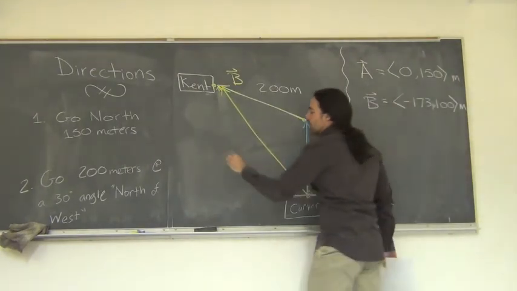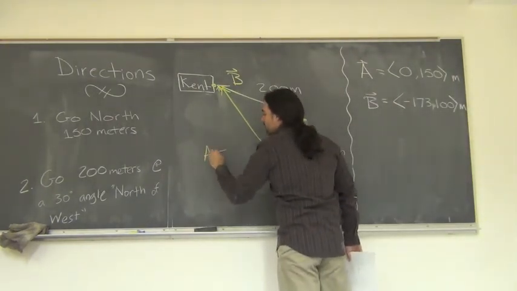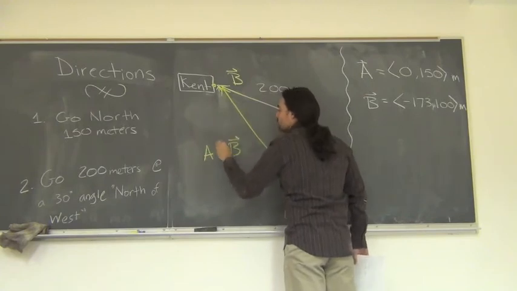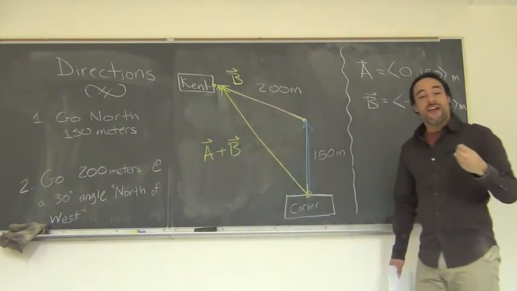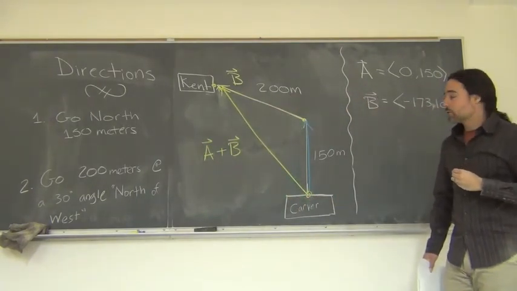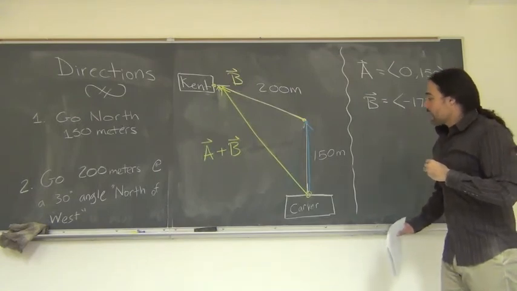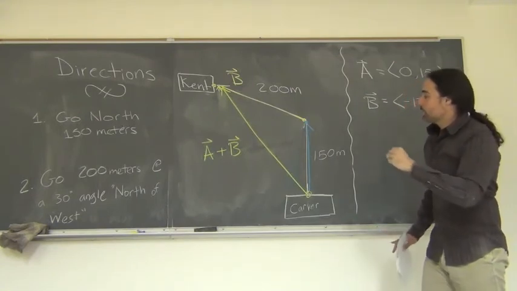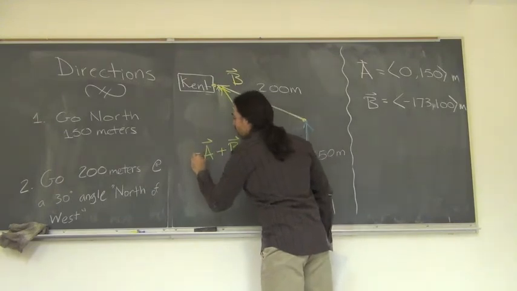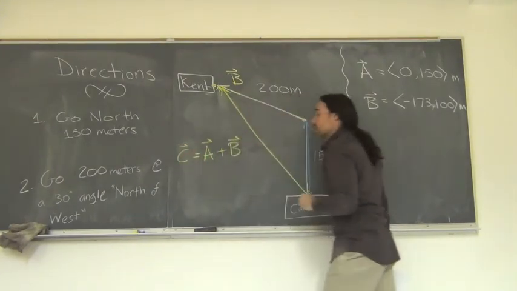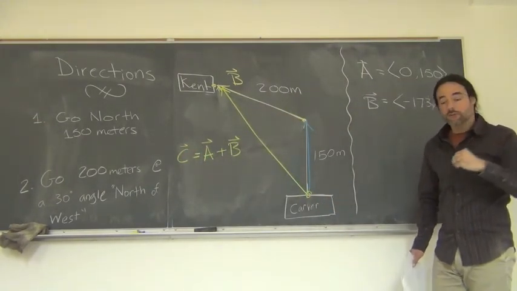This green vector is A plus B. All I've done is add vector A to vector B, and I've got some new vector, let's call it C, which is equal to vector A plus vector B.